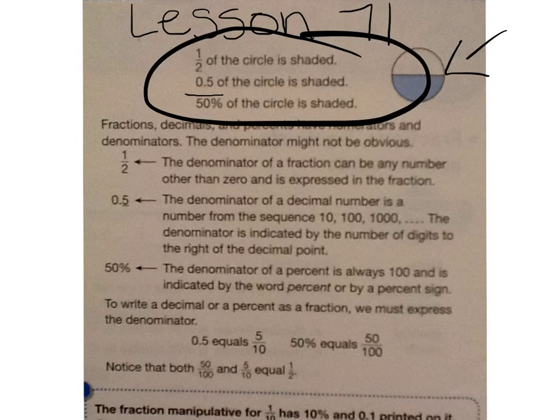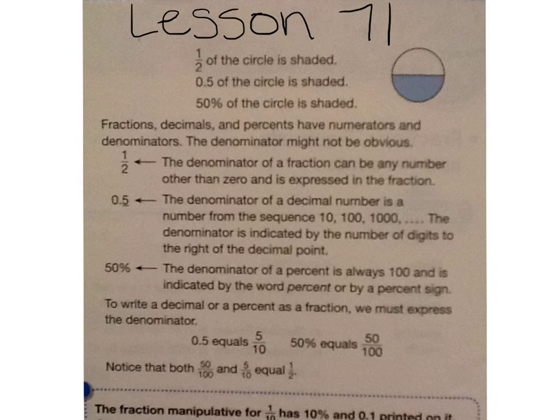Or as what we're used to seeing it as a percent, it's 50%, which means the same as a half, which means the same as 5/10. Fractions, decimals, and percents have numerators and denominators.